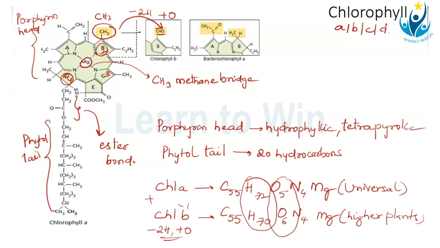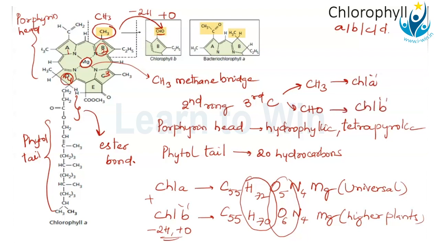There is only one major structural difference. On the second ring, instead of having a methyl group, you are having a CHO group. Everything is changing on the second pyrrolic ring, third carbon. If you are having a methyl group, then it is chlorophyll A, and if you are having the CHO, which is the aldehyde group, then it is chlorophyll B.